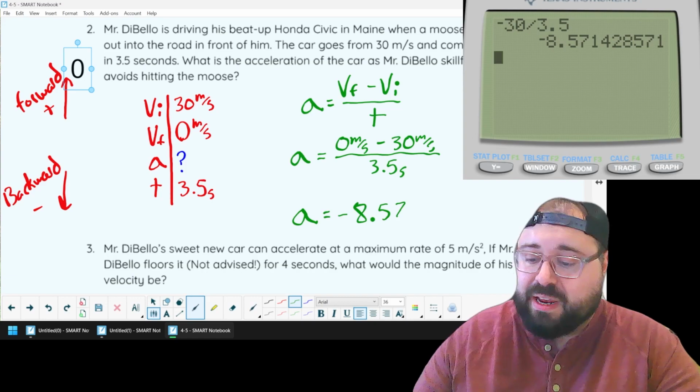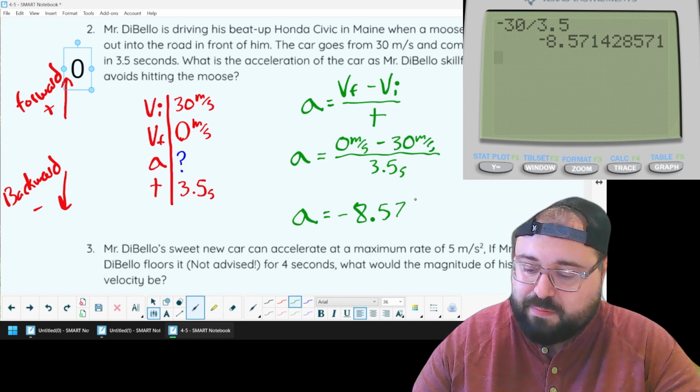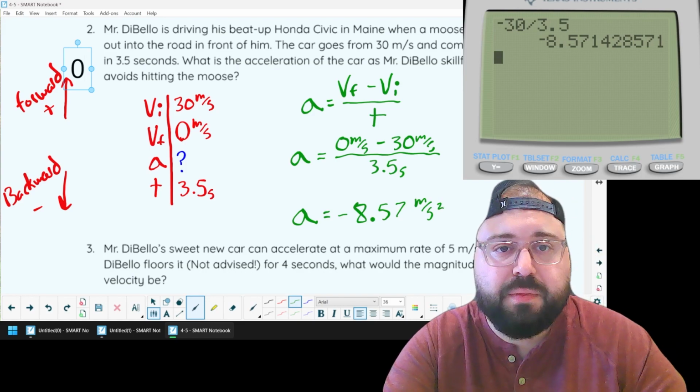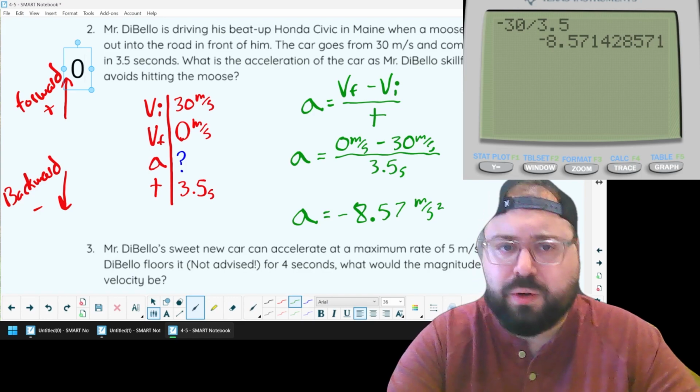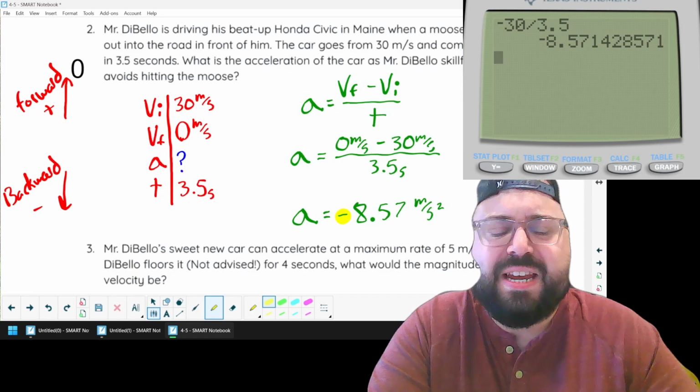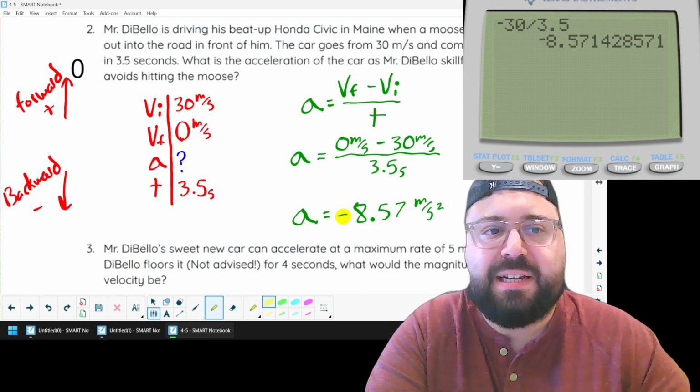And now I've got to put my units in, which is going to be meters per second squared. So there's our answer, sort of. We've still got to handle this negative sign. What does a negative mean? We want that context.